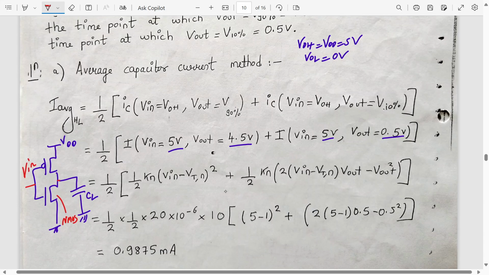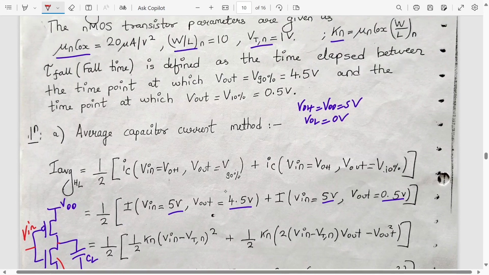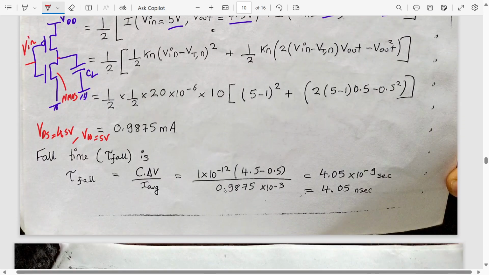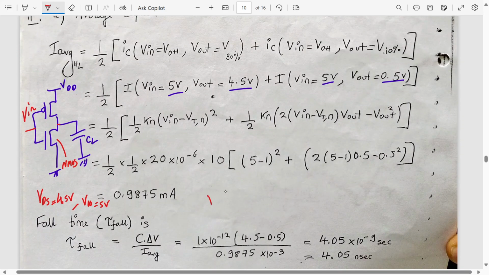When my output is at around 4.5 volt, that means VDS is 4.5, and VGS is V in, which is again 5 volt. How much is my VT? 1 volt. For it to be in saturation, VDS has to be greater than or equal to VGS minus VT. It is so. This is 4.5, and this is 5 minus 1, which is 4 volt, right? So my NMOS is in saturation.